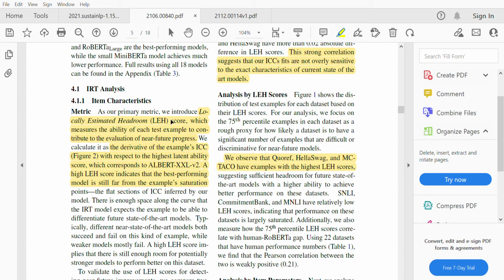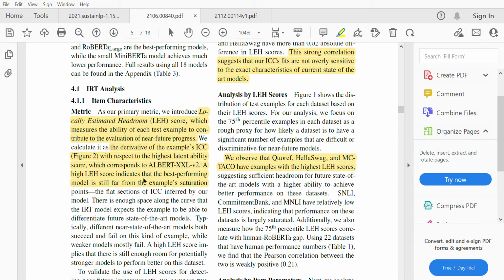The way they define this is the derivative of the example's ICC with respect to the highest latent ability score, which corresponds in this case to ALBERT. That makes sense, right? We want to understand how ICC changes with respect to ability, and specifically we're going to look at that corresponding to ALBERT, the best, biggest model we've got.